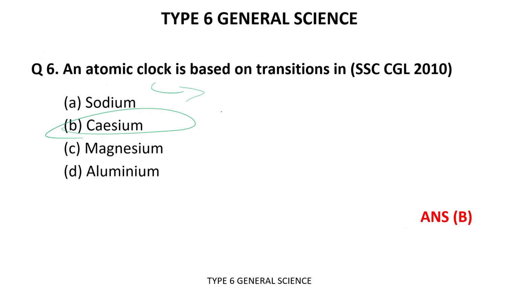So basically if we talk about the atomic clock, then this is like a normal clock, but it is working on the resonance. And now what is the resonance? It is the natural frequency of any body. Okay.